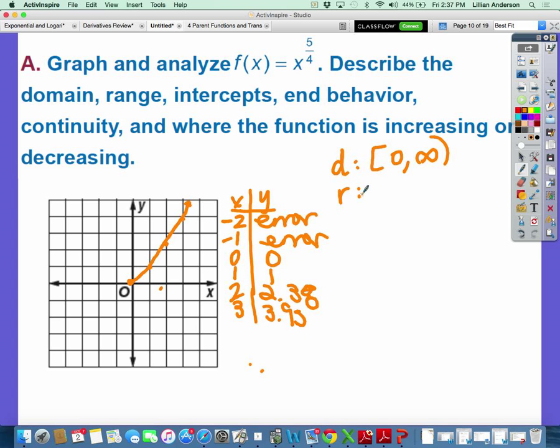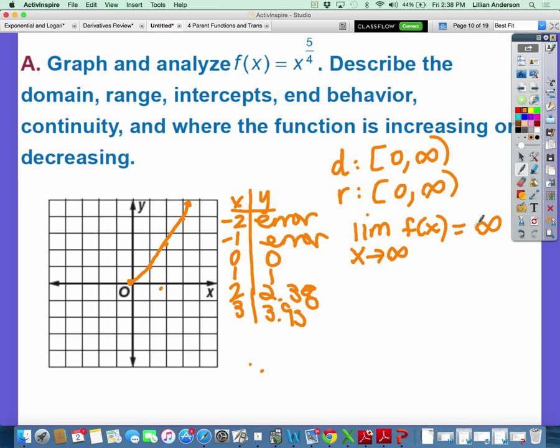And my range is what? Bethany, what's my range? 0 to infinity. Very good. My end behavior, I technically only have one end behavior, and it's going to positive infinity. Very good.